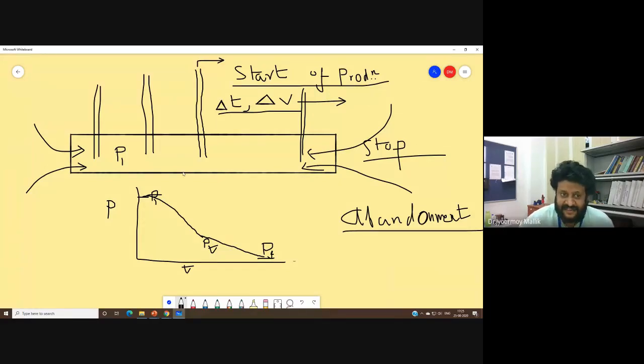But that doesn't mean that all the hydrocarbon, whatever volume is left inside the reservoir, has been exhausted. It is still there. Only that the pressure has decreased so much that it becomes very inconvenient to take the hydrocarbon out.